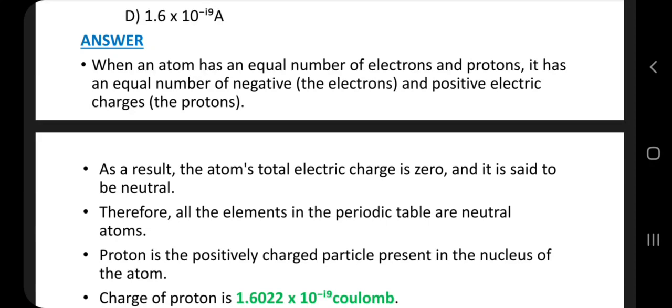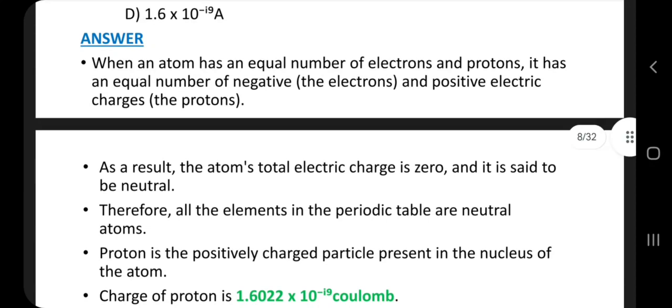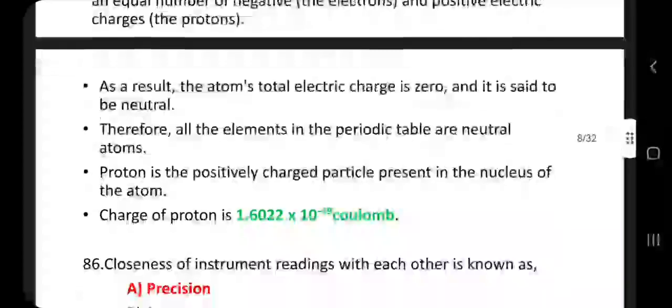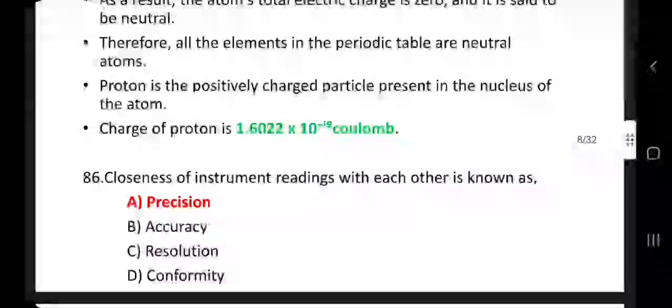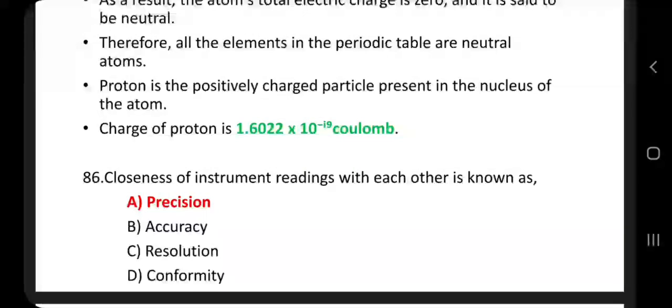As a result, the atom's total electric charge is 0 and it is said to be neutral. Therefore, all the elements in a periodic table are neutral atoms. Proton is the positively charged particle present in the nucleus of the atom. Charge of proton is 1.6022 into 10 raised to minus 19 coulomb.